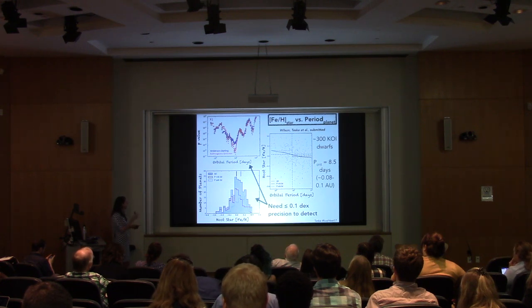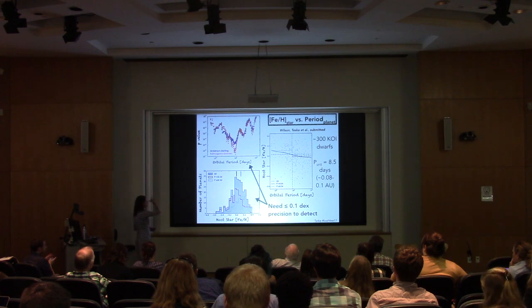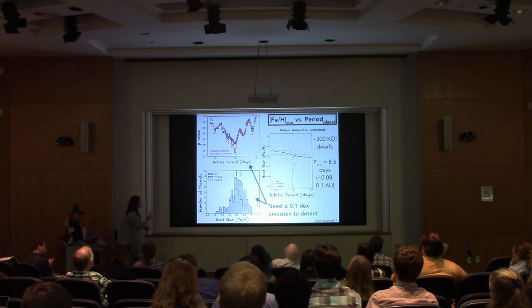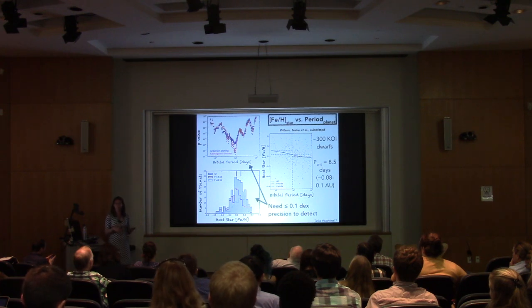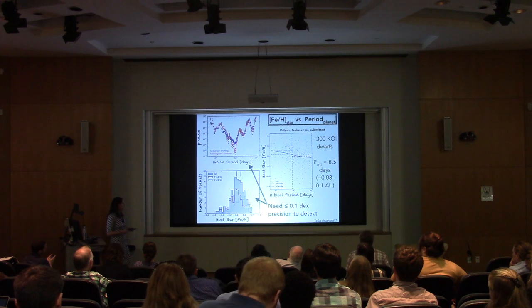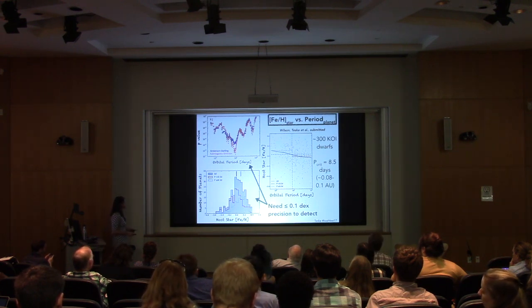That's a little bit different than the Mulders result, where he said it's around 10 days, something like that. He didn't really pin it down, whereas based on a lot of statistical tests, we think this is a significant result, and it requires something like 0.1 dex or better precision in the metallicities to detect. So while our sample is less than half the size of that in the Mulders paper, our data are better, and so we can get the same quality of result.